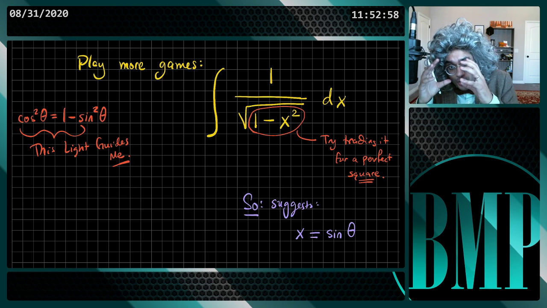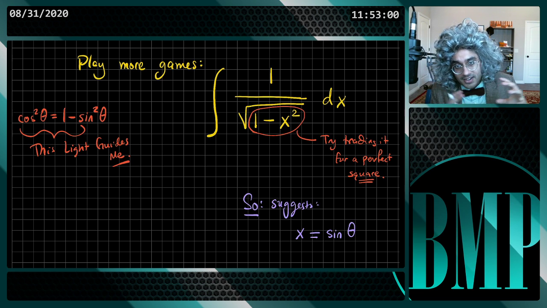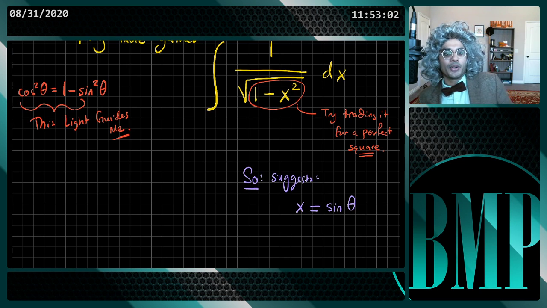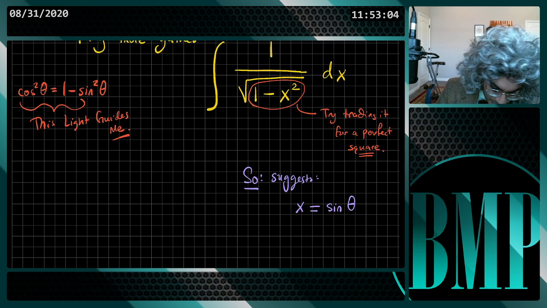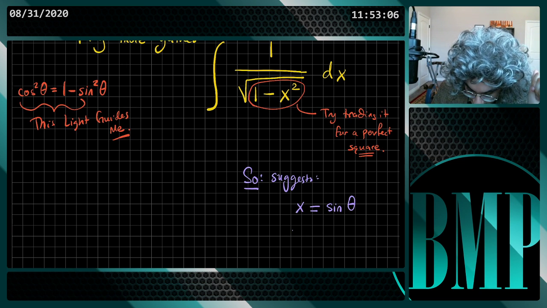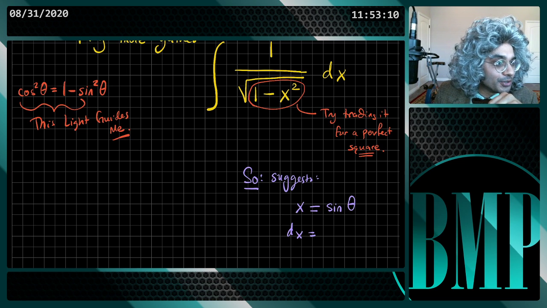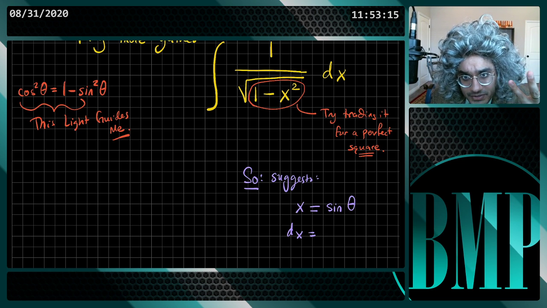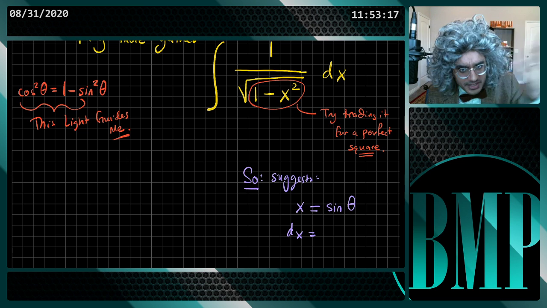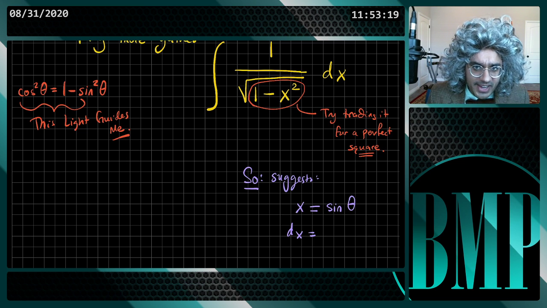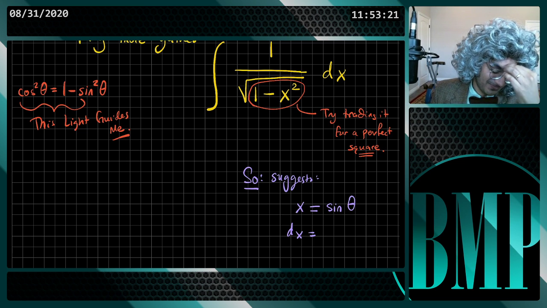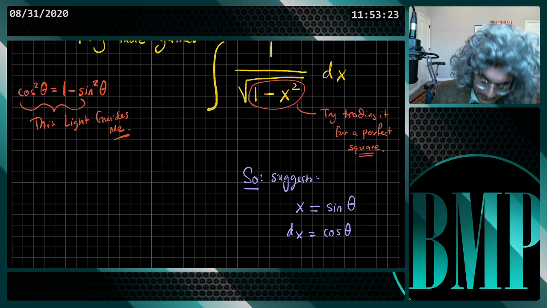I'm thinking of it as trading off a non-square with a perfect square. Okay, let's do it. Let's see where it goes. Differentiate the substitution. Always do this when you substitute. The derivative of x is dx, that's 1 times dx. And then sine theta becomes, oh yes, cosine theta d theta.